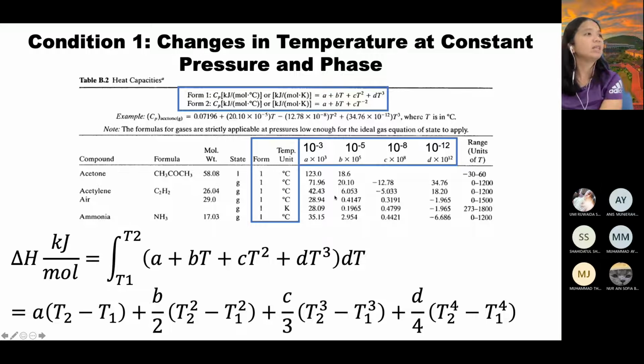My B is 20.10 times 10 to the power of minus 5, divided by 2, in bracket T2 to the power of 2 minus T1 to the power of 2. Continue, plus, and so on and so forth. Continue for your C, continue for your D. Be very careful of the negative and positive sign. Don't forget to multiply 10 to the power of minus 8, 10 to the power of minus 12. Don't forget T2 kejap ada kuasa 3, T2 kejap ada kuasa 4.